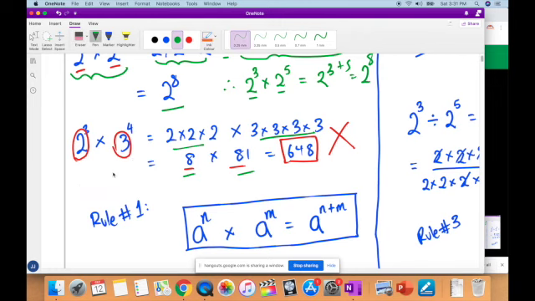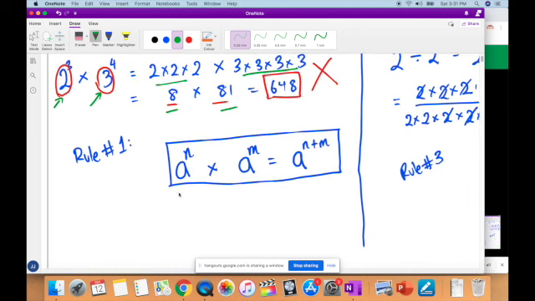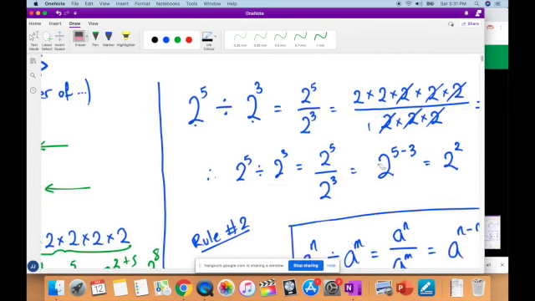All I'm saying here is if the base numbers are not the same, you cannot add the indices. If you're iffy about it, you could always check the video. So the rule here is that the base numbers need to be the same if you're adding indices, right?